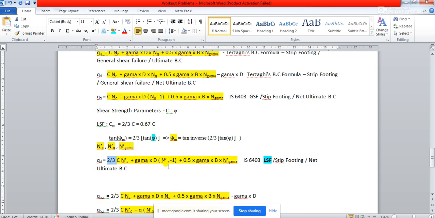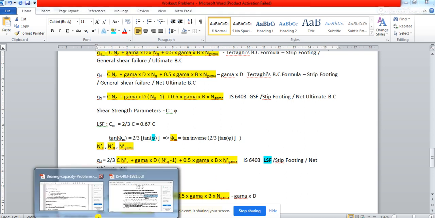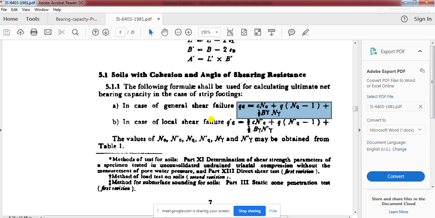So Nc dash, Nq dash, N gamma dash are nothing but the changed values of bearing capacity factors considering the values of mobilized angle of internal friction. And if you go back to the code, you are going to get exactly the same value.